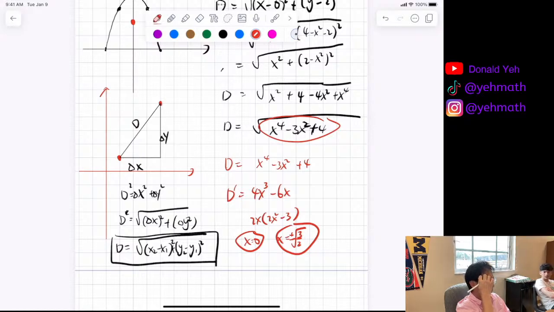How can I prove which number is correct? There are 3 answers: 0, positive square root of 2, and negative square root of 2. How do I know which one's right? How do you verify the maximum or minimum distance?